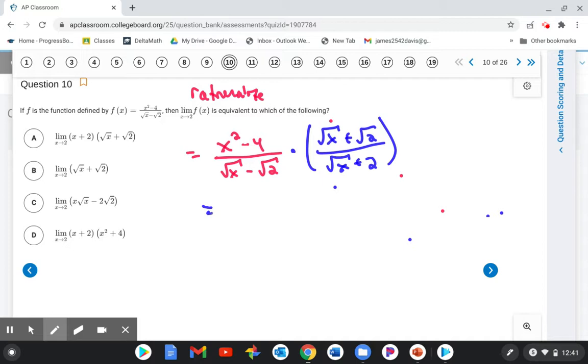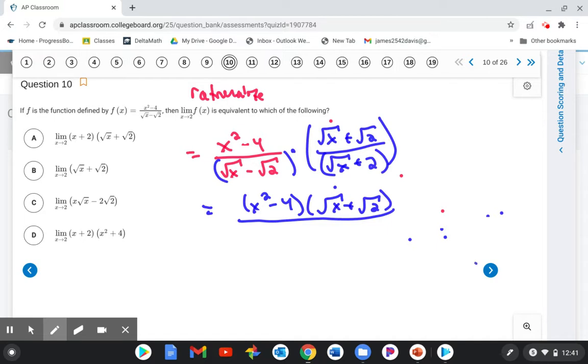I'm just going to leave the top as is for right now. We might need to end up distributing that. We'll just see what happens from there. So I'm just going to call it x squared minus 4 times the square root of x plus the square root of 2 over. Now on the bottom, when we FOIL this, square root of x times the square root of x is just x. The middle terms, if you remember, are going to cancel, but I'll go ahead and write them.